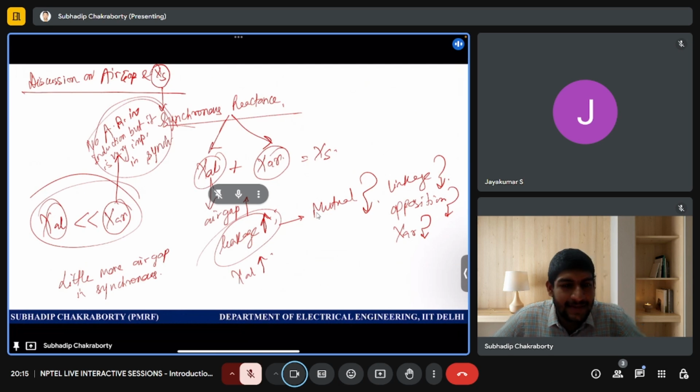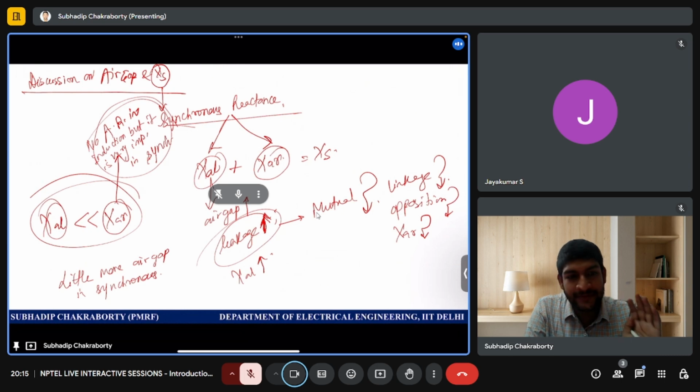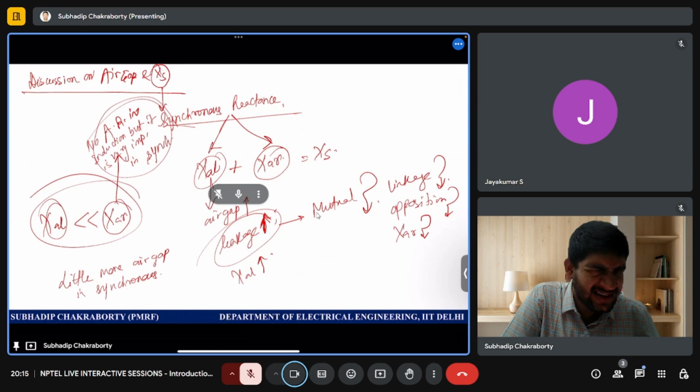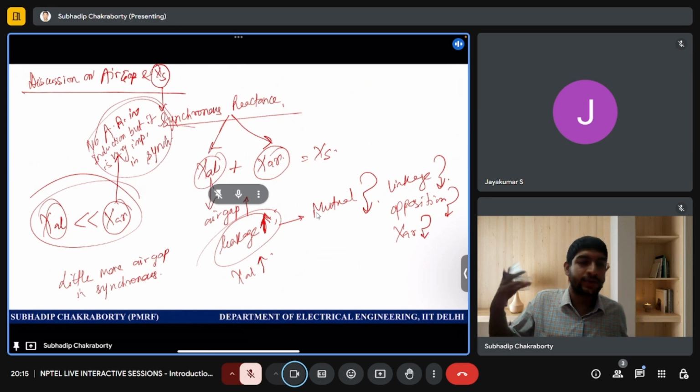Because it is a doubly excited machine, we can actually compensate that loss by building a stronger electromagnet. But we are gaining something in putting more air gap. What is it? I told you that, okay, leakage increases slightly, we can compensate for it by the doubly excited circuit of the stator and rotor combined.